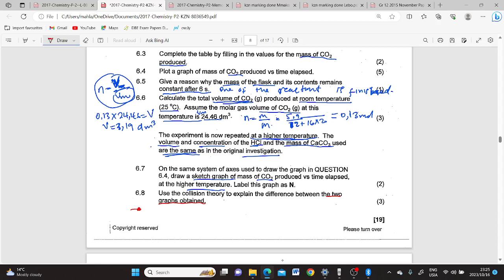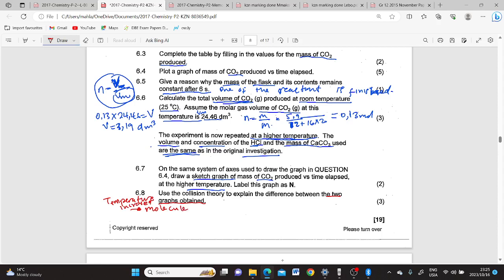So one, we can say when temperature is high, we can say temperature increased.